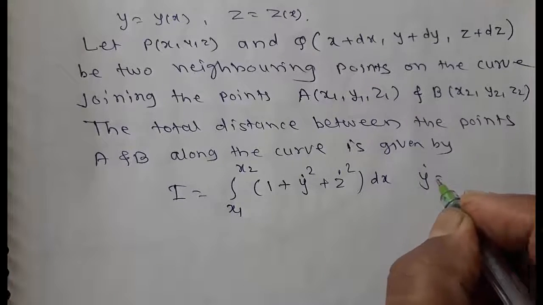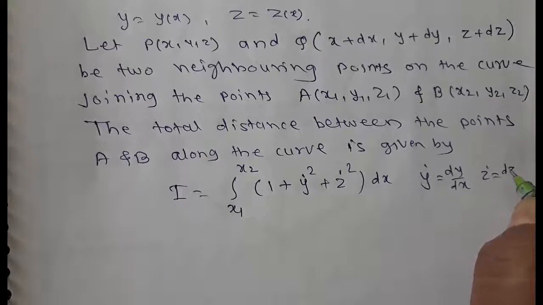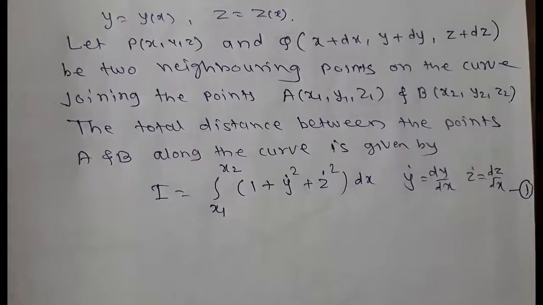Here y dot equal to dy by dx, z dot equal to dz by dx. Suppose this is equation 1.